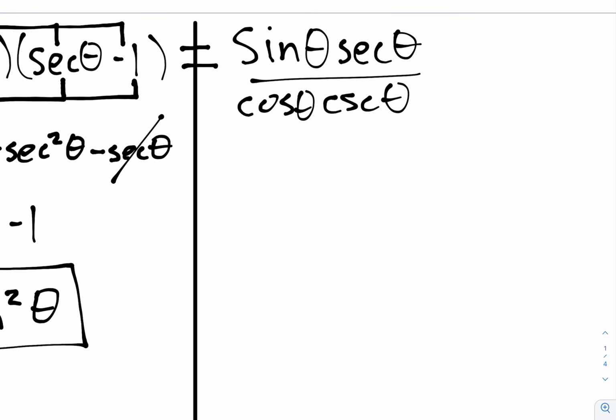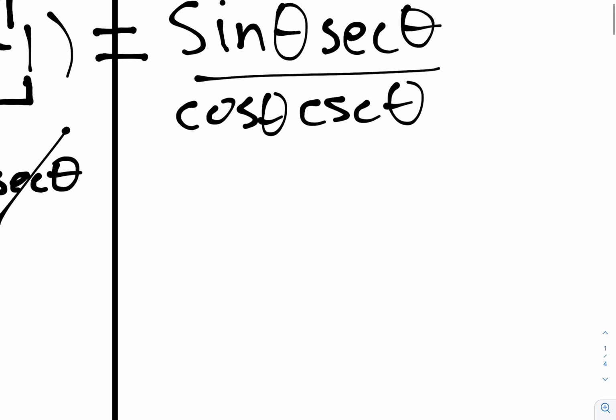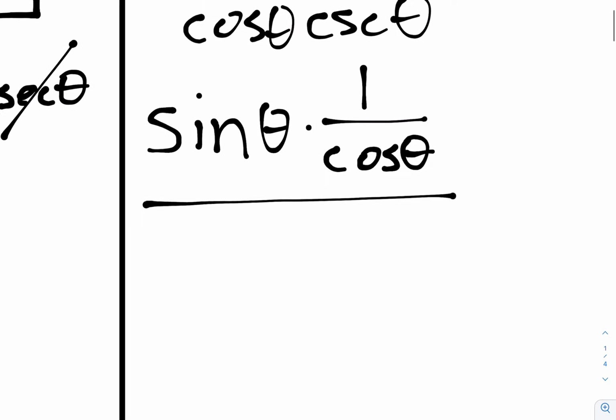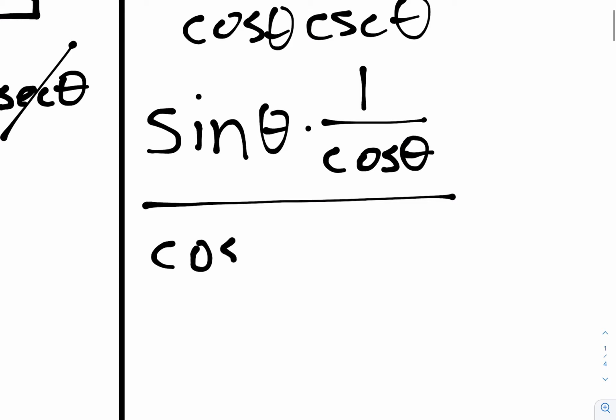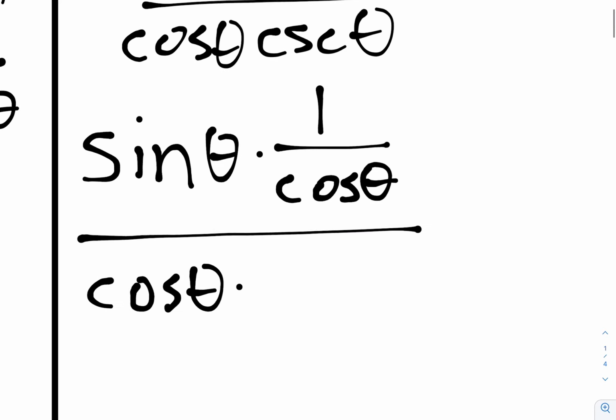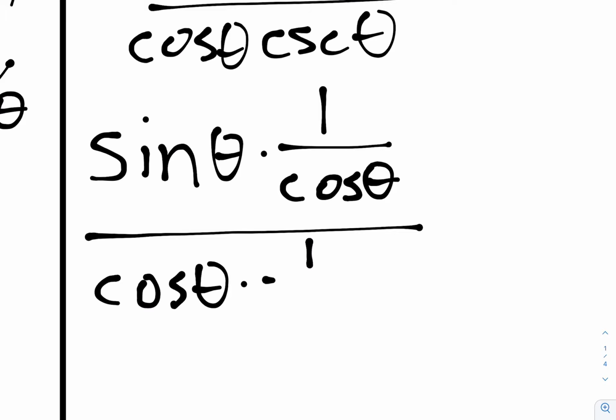For these types of questions, what I always like to do first is get secant and cosecant in terms of sine and cosine. So secant is really just 1 over cosine, the reciprocal of cosine. And we have cosine times cosecant. Similar to secant being 1 over cosine, cosecant is just 1 over sine.